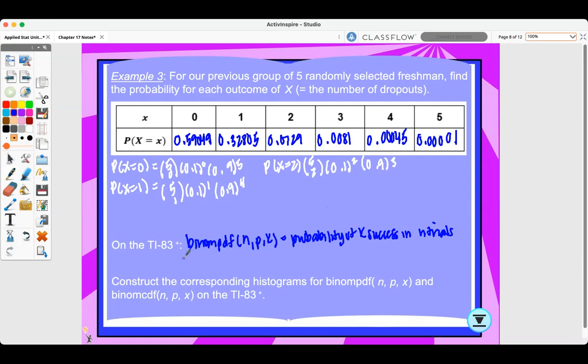Then you have your binomcdf. And this would be N, P, and K again. And this is the probability of K or fewer successes in N trials.